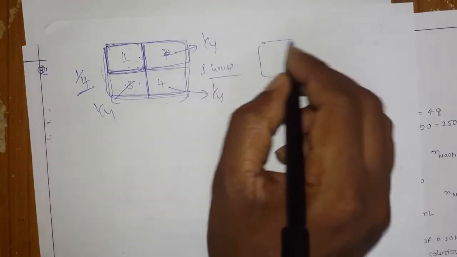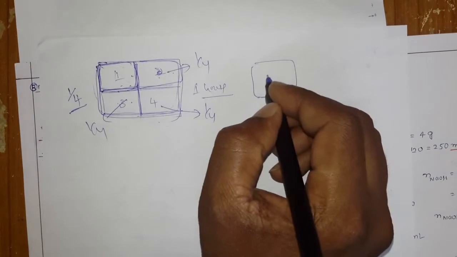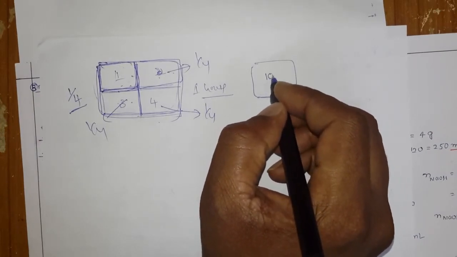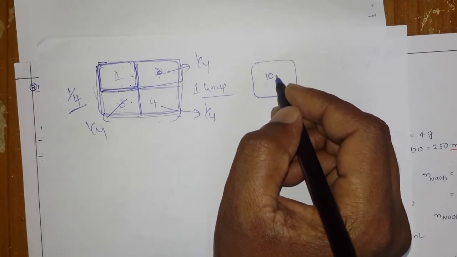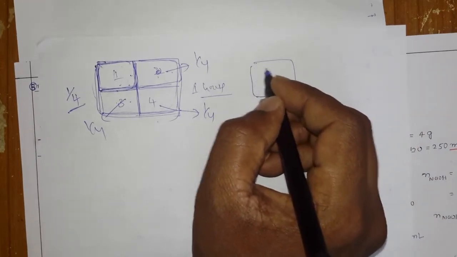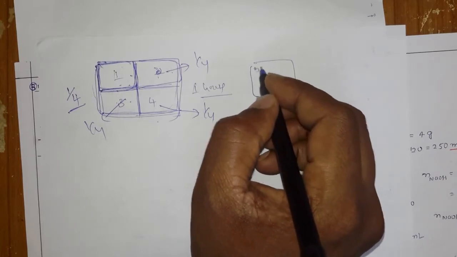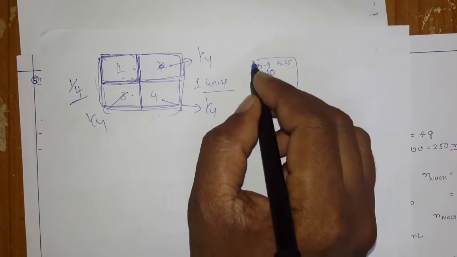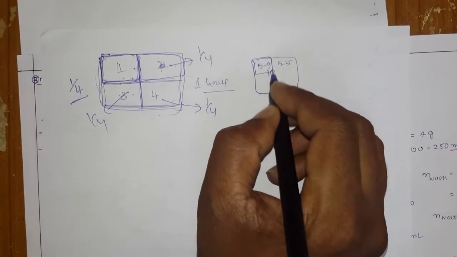Very similar to that, suppose there are 10 students, of whom 5 are girls and 5 are boys. What is the fraction of the girls?